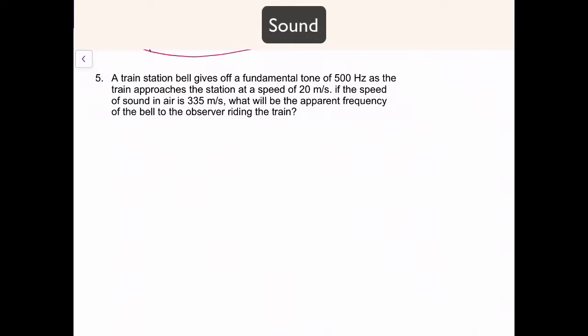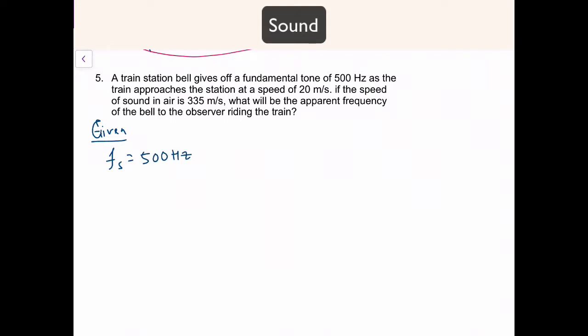So here number 5 says a train station bell goes off with a fundamental tone. So the bell is your source, so the frequency of the source is given as 500 Hertz.